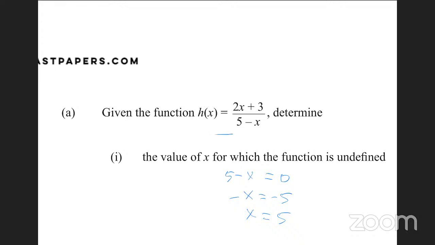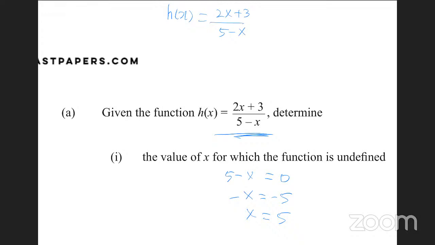Find the inverse here. That's part 2. Find the inverse of that. What are the steps to find an inverse?